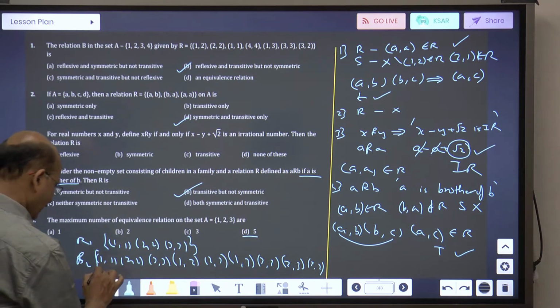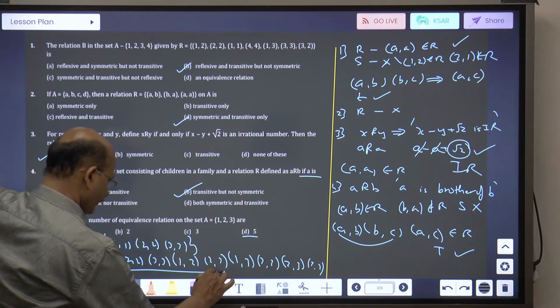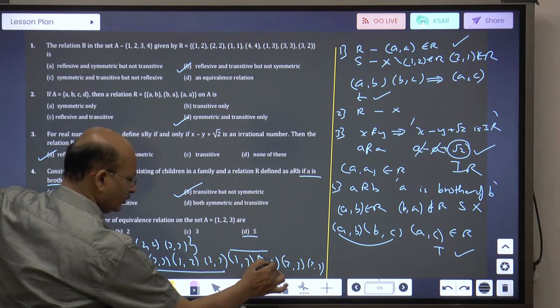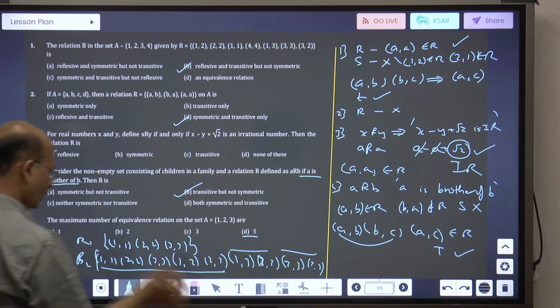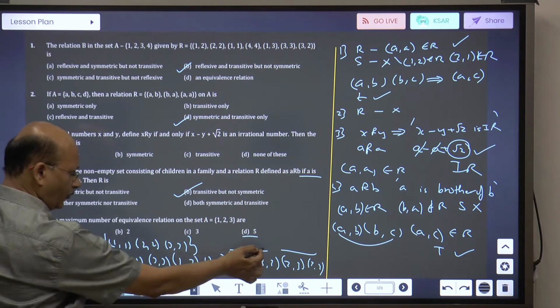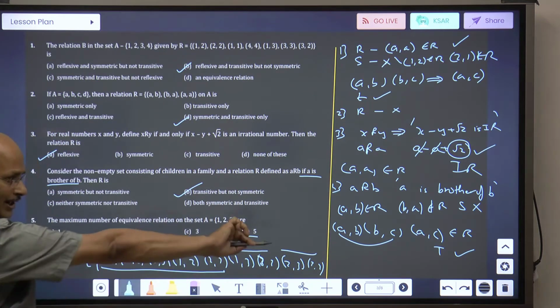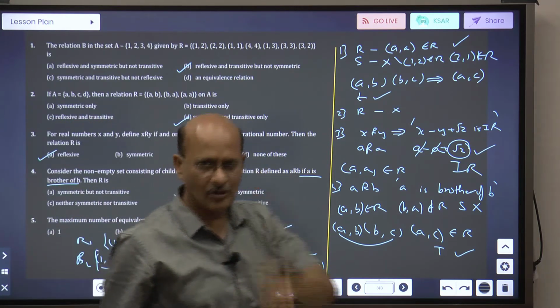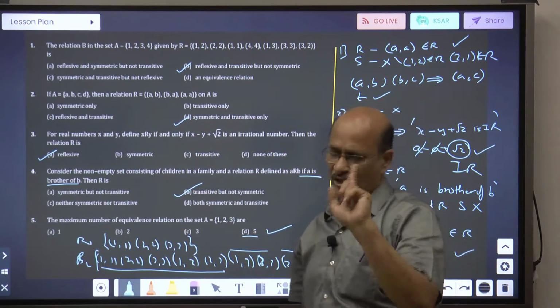It might be possible, otherwise this is also possible with (1,3), (3,1). So 1, 2, 3, 4, and the last is all together. So total 5 relations. I strongly remember we did this question in our relation function MCQ.